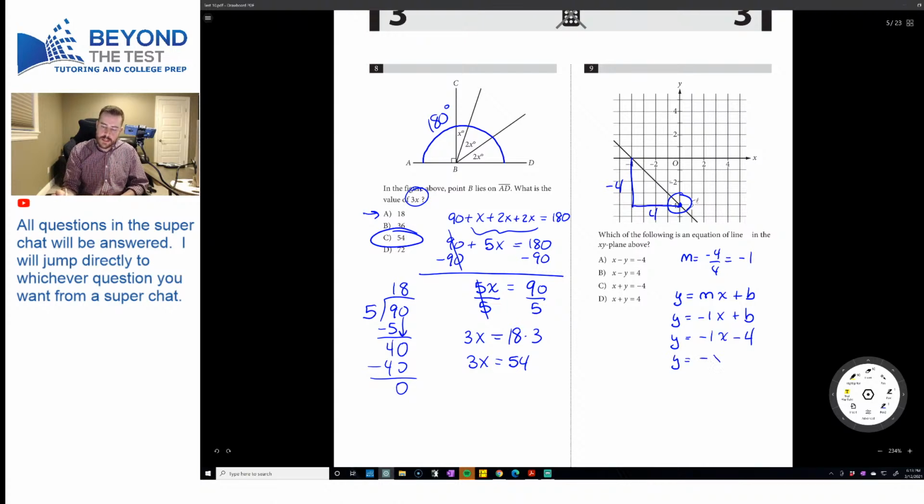Now, unfortunately, my answers aren't written like that. They have the x and the y on the same side. So all I need to do is bring my x back over to the other side by adding x to both sides. So we get x plus y is equal to -4. And you could see that's just choice C here.